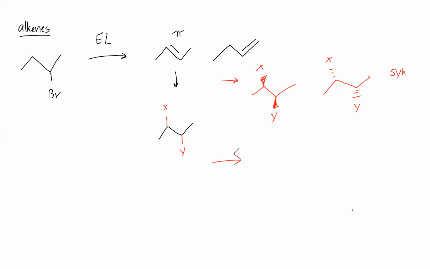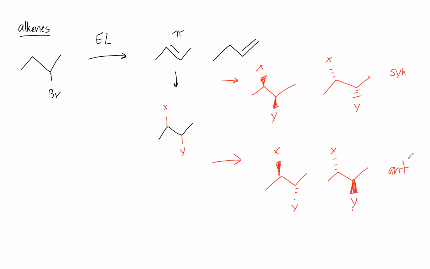Another outcome for this is they're added to opposite sides. So X can be a dashed wedge and Y a solid wedge, and vice versa. Now they're added to opposite sides. The word that we use for opposite is going to be anti. So we have syn addition and anti addition. Addition is when we go from a pi bond to 2 sigma bonds.